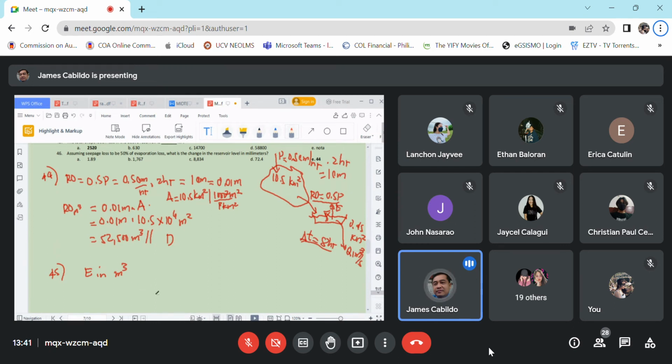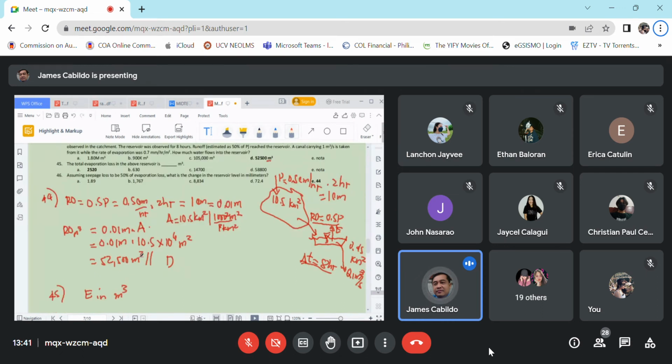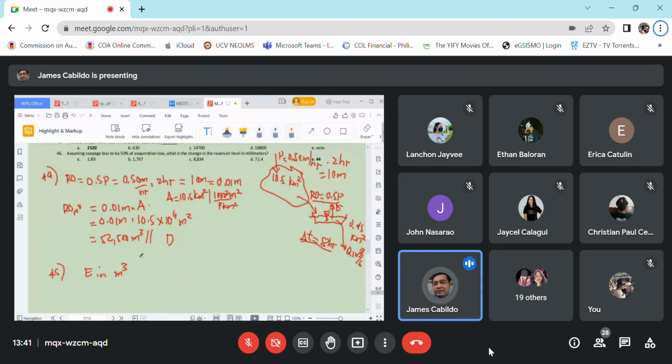So, pero meron tayong given na evaporation which is, okay, 0.7 mm per hour per square meter. Alright. Meron tayong given. I-convert lang natin yun, no? Ang tinatanong ay E in cubic meters, pero ang meron tayong data ay 0.7 mm per hour per square meter.